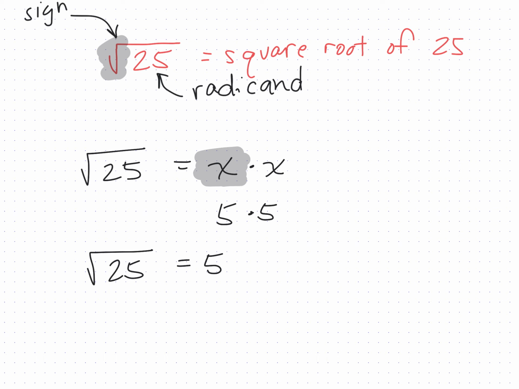Now that's a step 1, but what we have to keep in mind is that there's actually another answer as well, and that goes back to what we know about integers, because not only does 5 times itself equal 25, you might want to keep in mind that also negative 5 times negative 5 equals positive 25. So which one are we supposed to use?